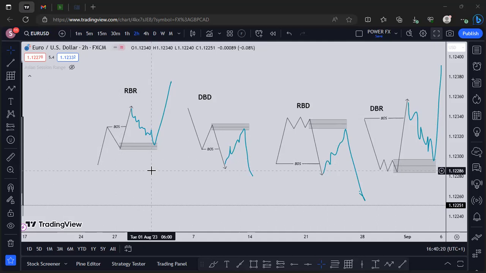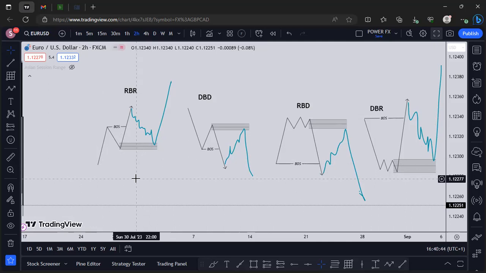Like we said, supply and demand zones are key levels where price is likely going to reverse from, like advanced support and resistance. So in answering your question, why does price take out the base before going to the upside? It's because your base is not properly identified.